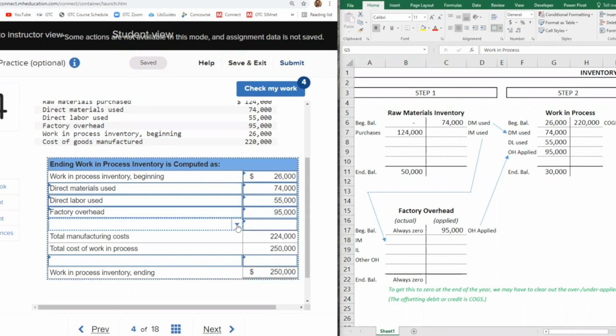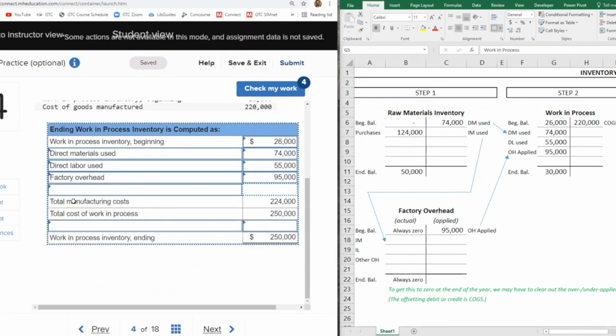So what this gives us is total manufacturing costs. Total manufacturing costs is basically these three numbers. Okay, I'll put them in red for you. This is total manufacturing costs, these three numbers. So total manufacturing cost is $224,000.